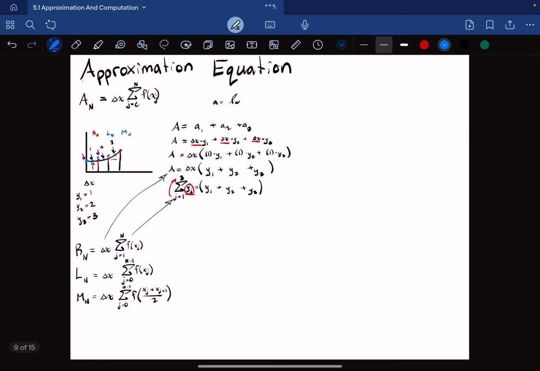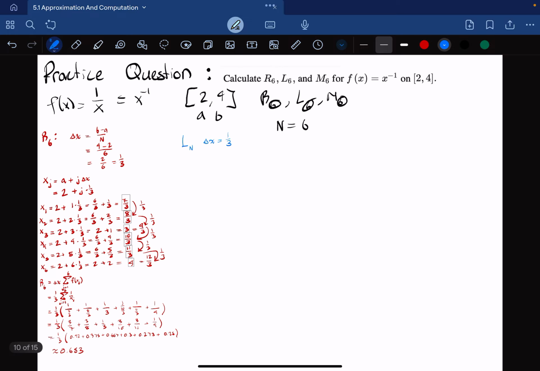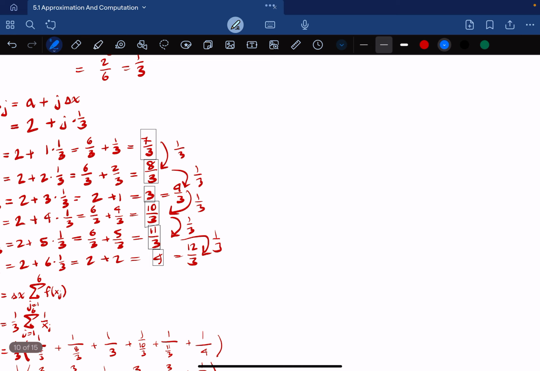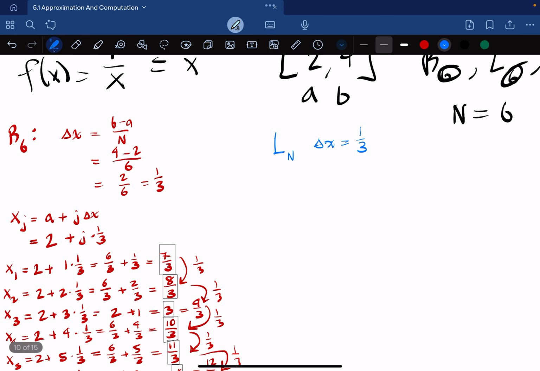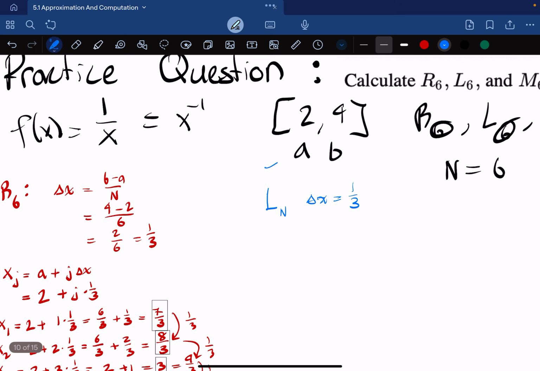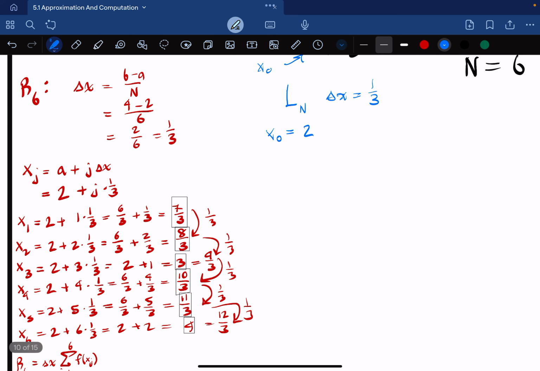Because remember, in our graph that we took a look at previously, this is our first endpoint, while our last one is right here. So, we actually already have all of our values, because the x value for the very first one, x of 0, is just a. So, we have x of 0 equaling 2.